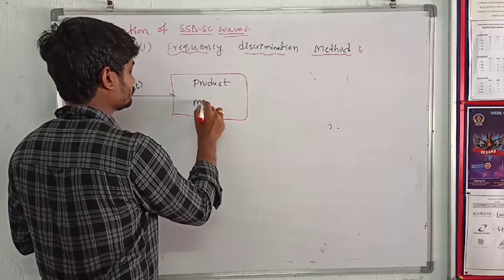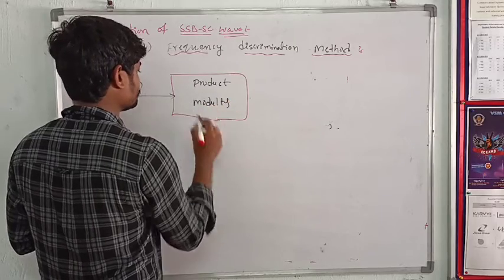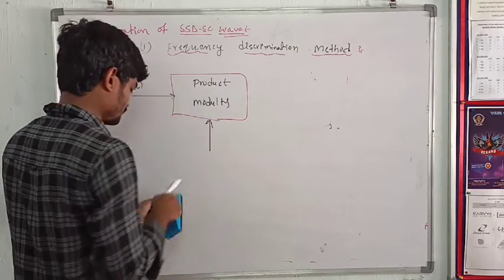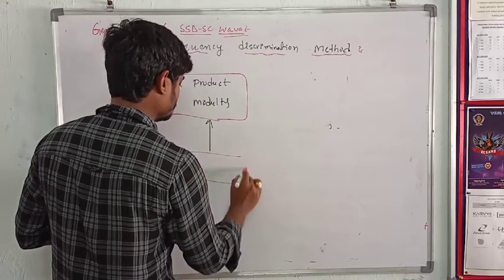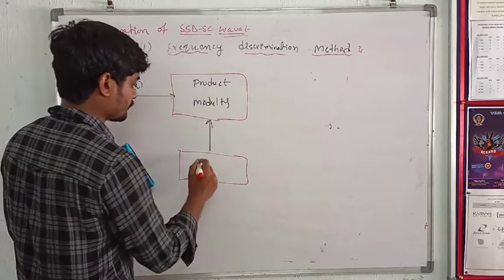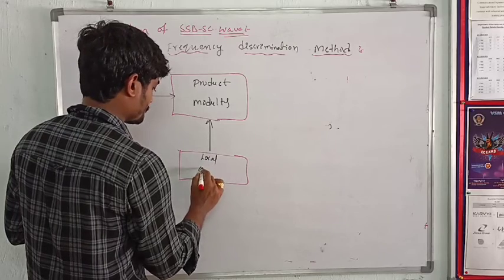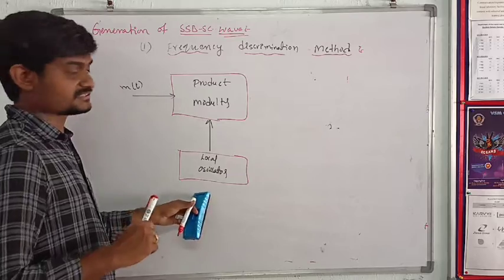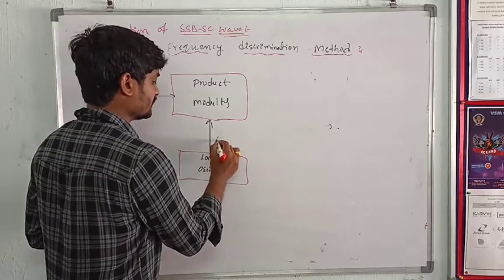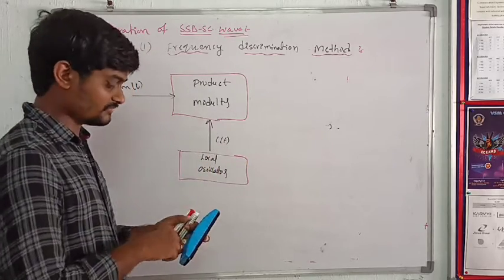The product modulator is also given the carrier signal. This is the local oscillator, which generates the carrier signal c of t.